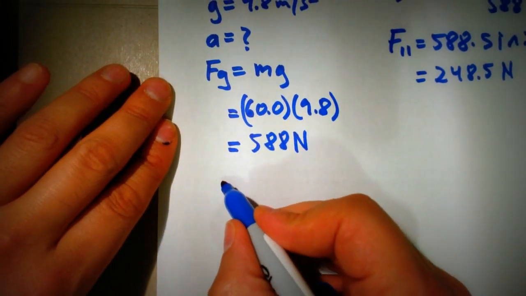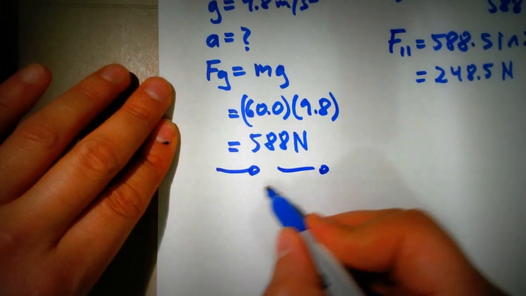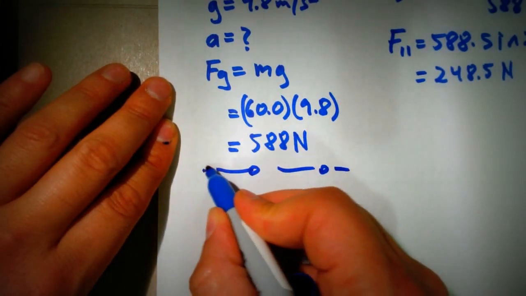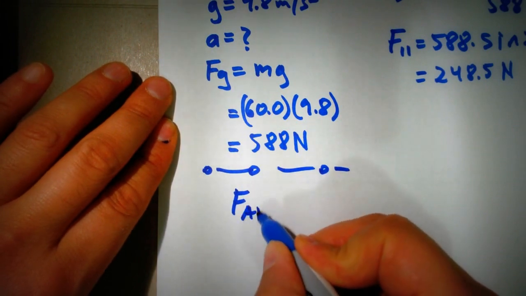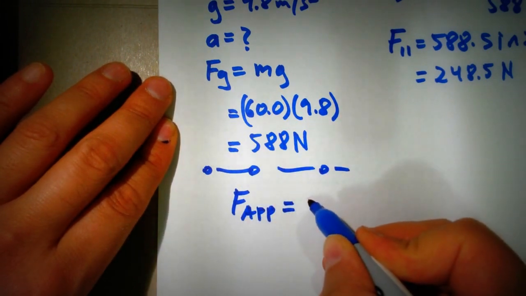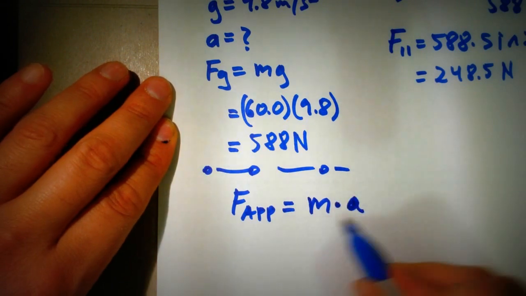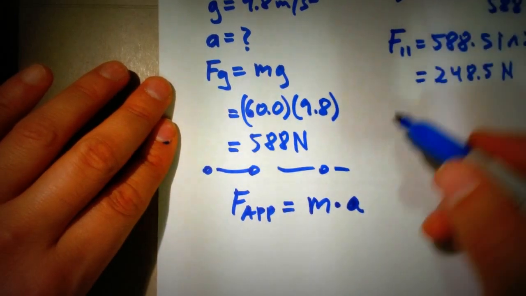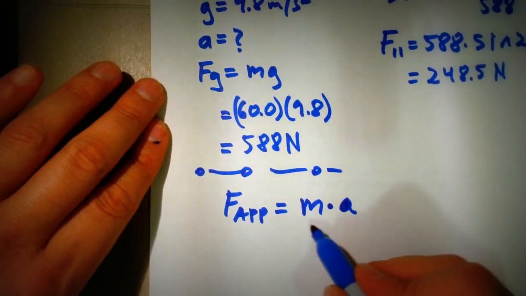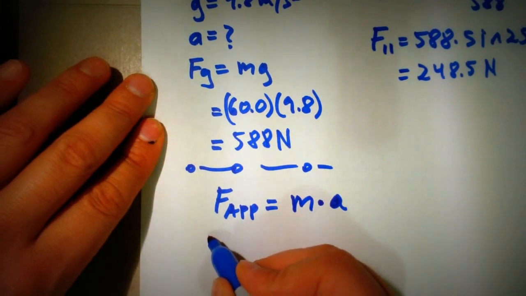Well, we have the mass, we have this, and we can use this formula. Let me just continue with this problem right below over here. In this case, we know that the force applied is equal to mass times acceleration. Now we have the force applied, which is the parallel force, right? And we have the mass. So let's just solve for this. Let's substitute our values.